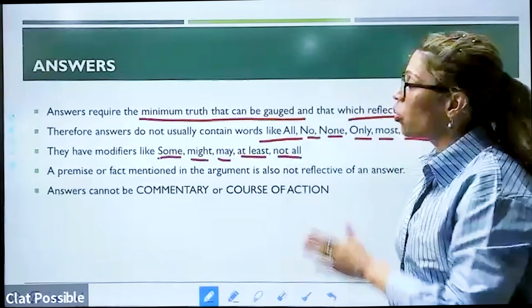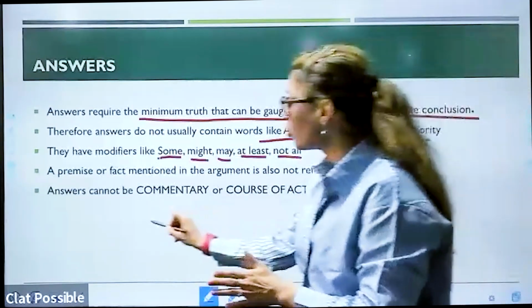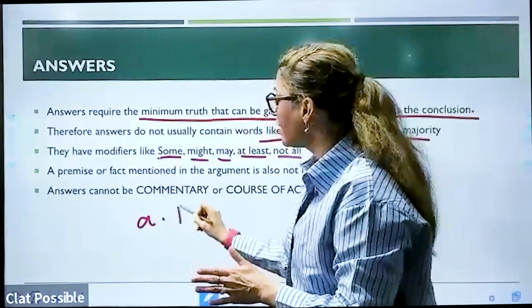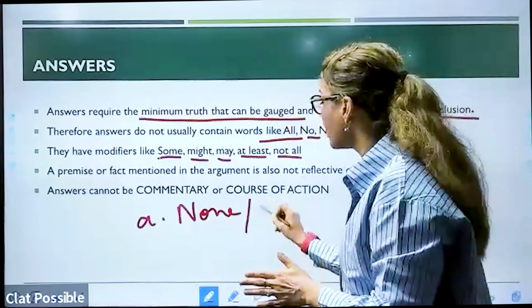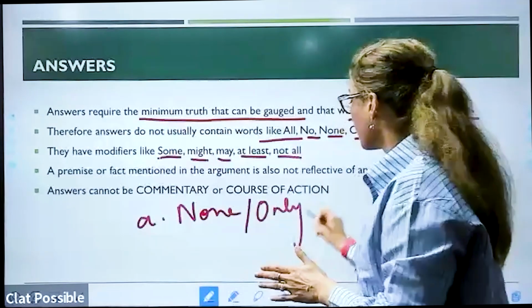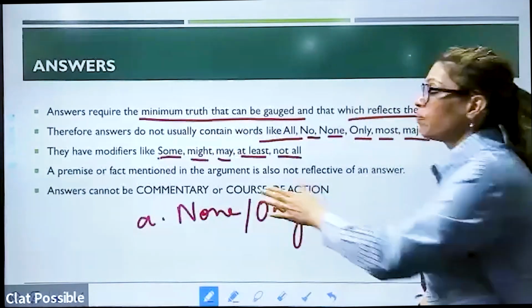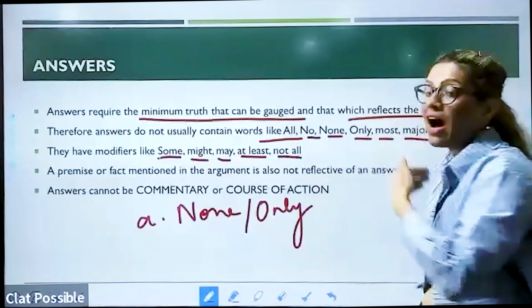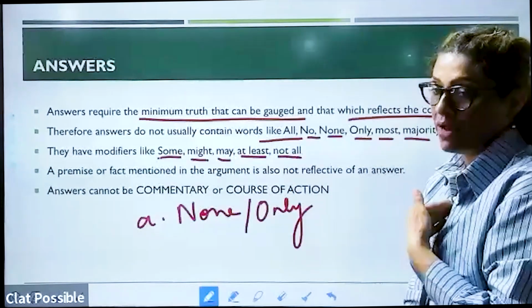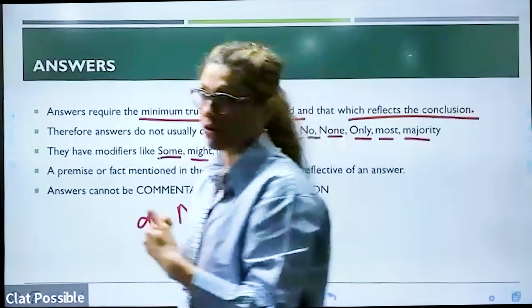Right? So, an answer type where let's say you think A is the answer and the answer is none, or the answer contains something like only. If I were you and I would try to mark A as an answer and I see the word only, I'll ask myself, am I picking the best answer?